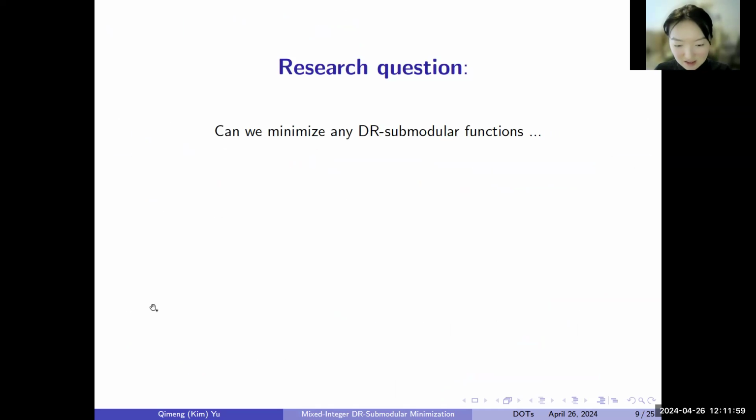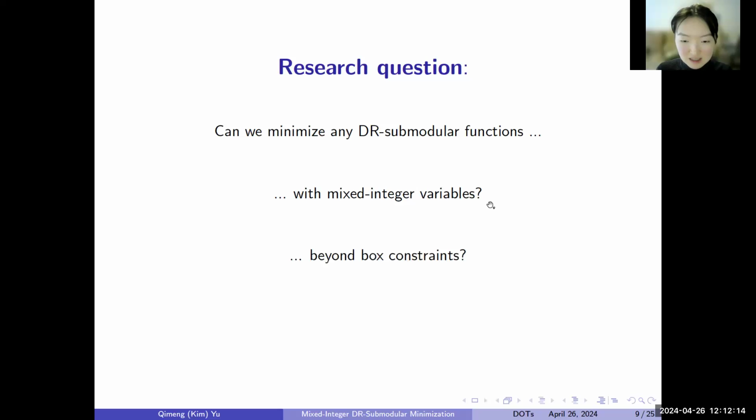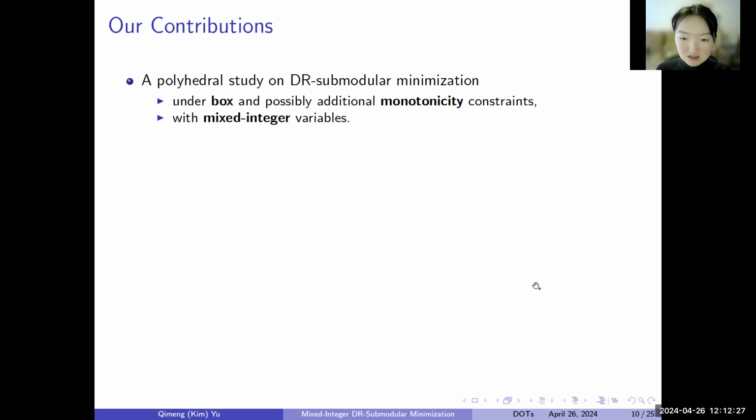To this end, we observed that there were still quite a lot of gaps to be bridged, including the following questions. Can we minimize any DR-submodular functions with continuous and/or general integer variables? Can we handle constraints that are beyond the simple box constraints? And can we find the global optima despite all these additional challenges in polynomial time? That's what we were trying to explore.